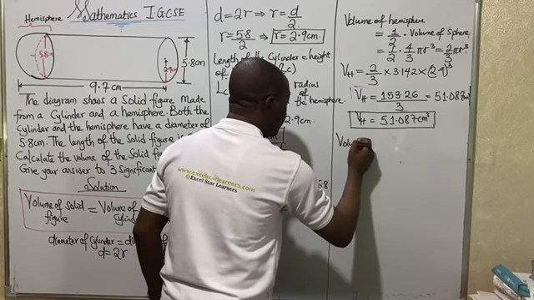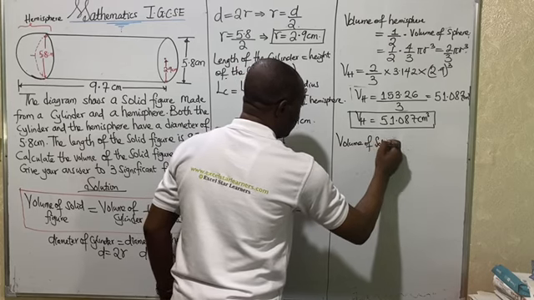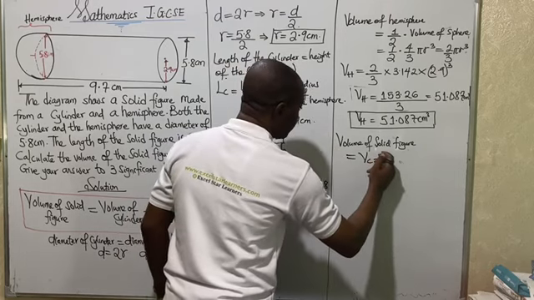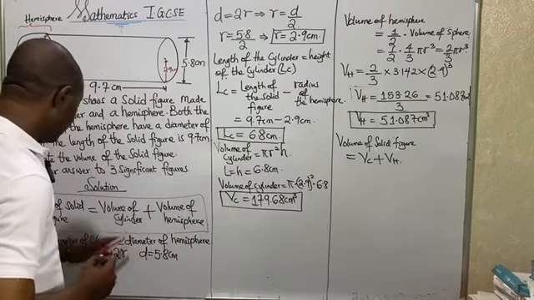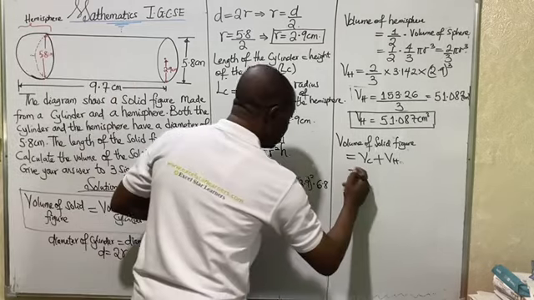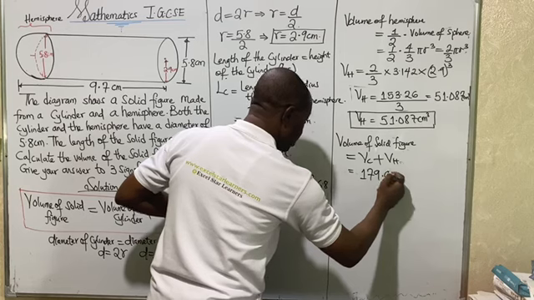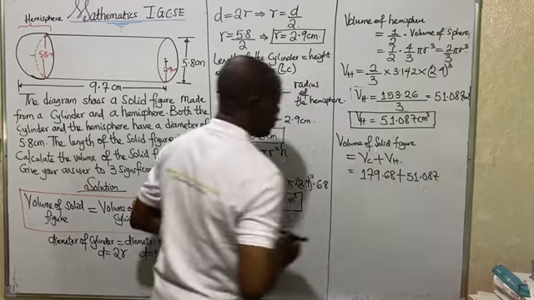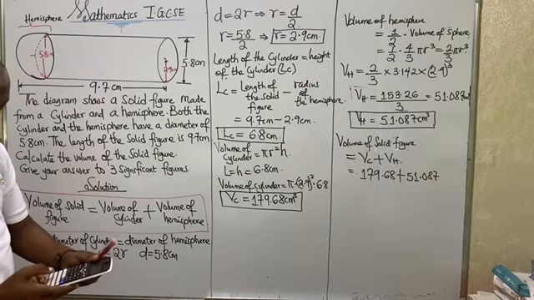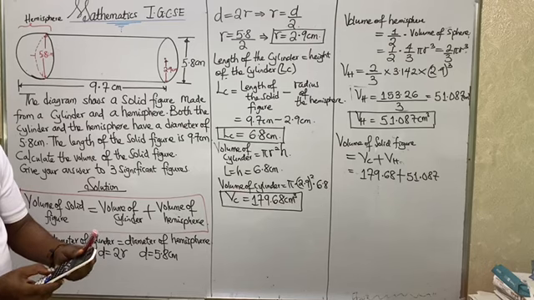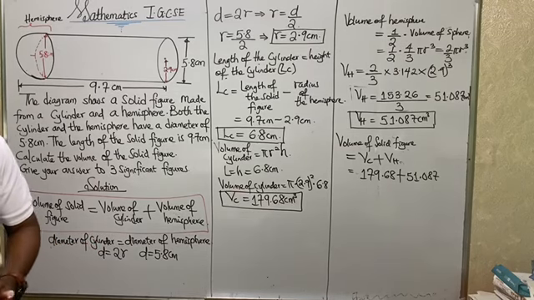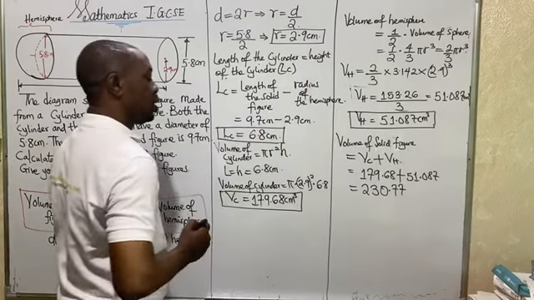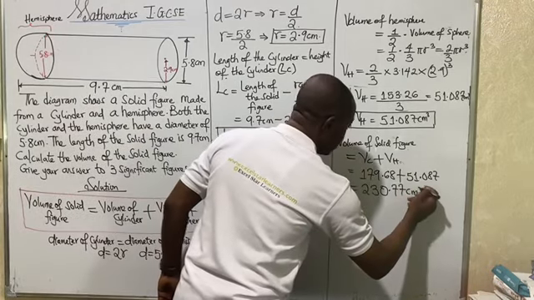So 179.68 plus 51.087 gives 230.77 cubic centimeters.